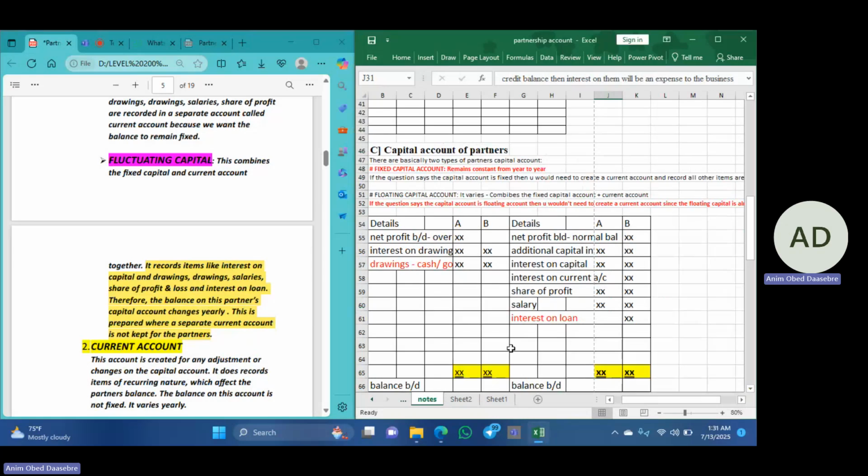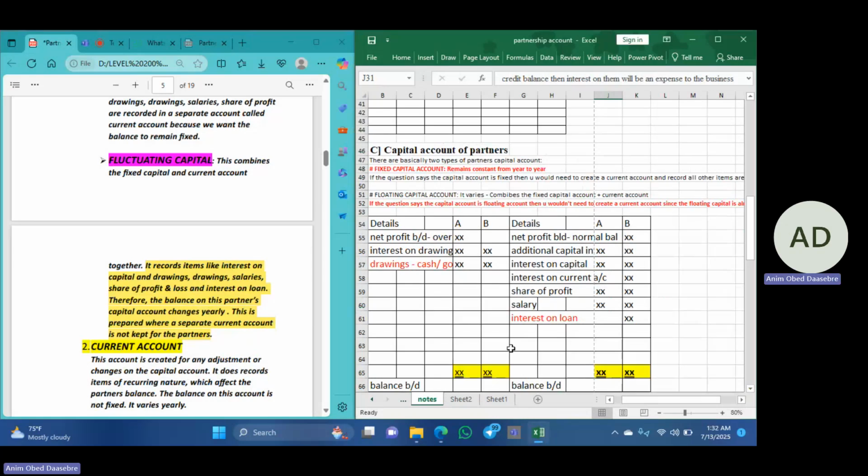All that you do is open the floating account, then you record all the items in the floating account. We record the capital account balance. That is the fixed balance over there.